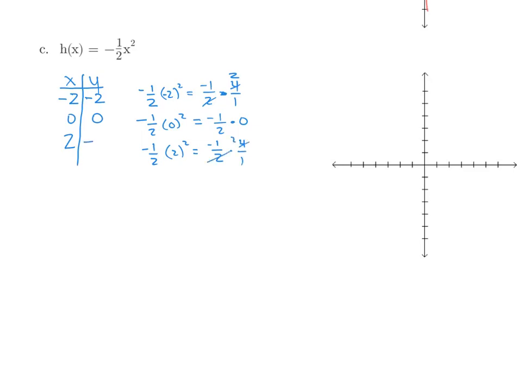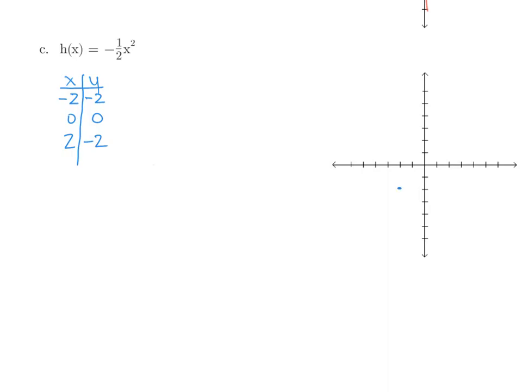And again, we get -2. All right, let's go ahead and graph this. We have -2, -2 is down in quadrant 3, 0, 0, and 2, -2 is down in quadrant 4.